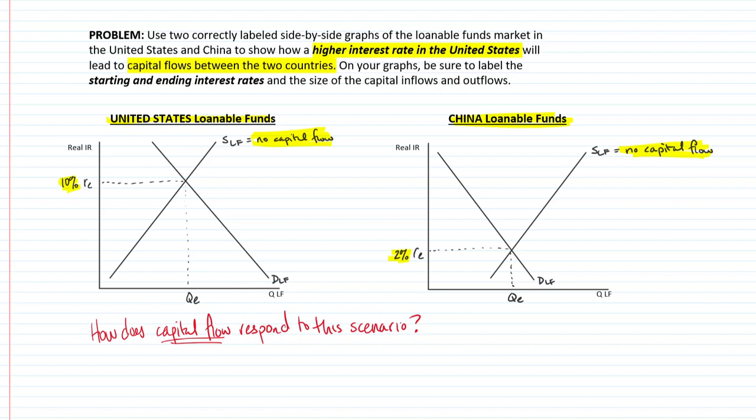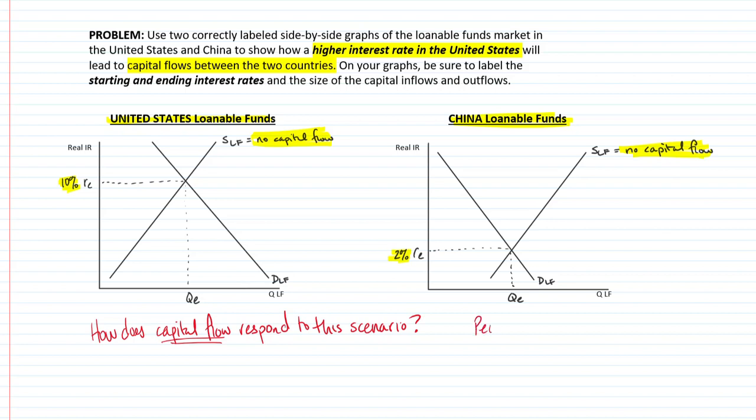So let's start on the China side, which I think is maybe a little bit easier, right? So once capital flows are available, once people are given the choice of where they want to save their money, we can begin to think that something kind of straightforward is going to happen, right?